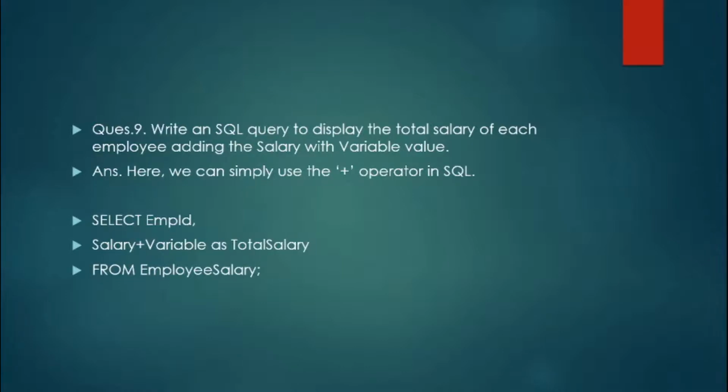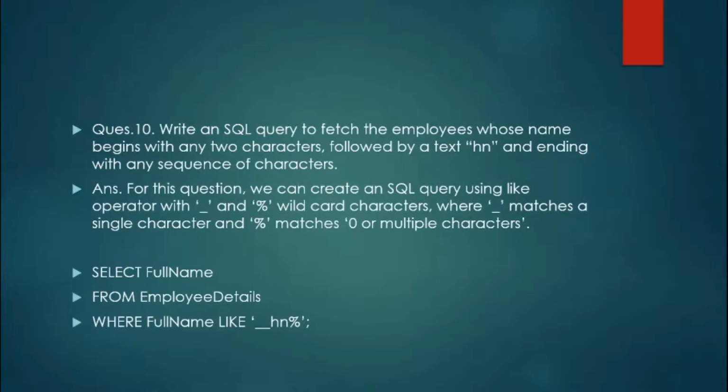The salary will be taken from the salary column and variable will be taken from the variable column, and the sum of salary plus variable will be calculated in a separate column called total salary, taken from the employee salary table. So it is a very important query.